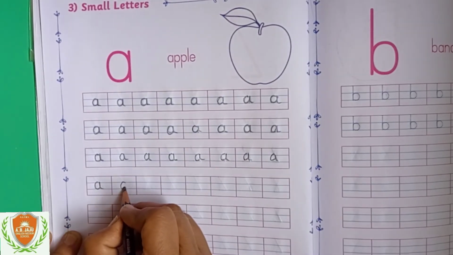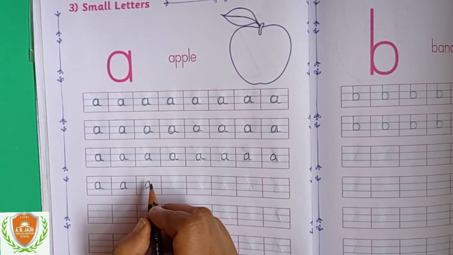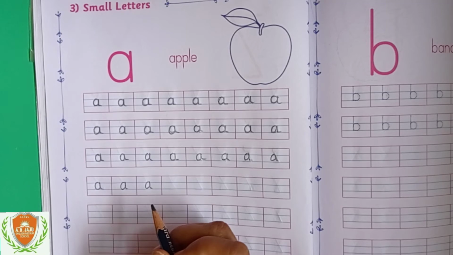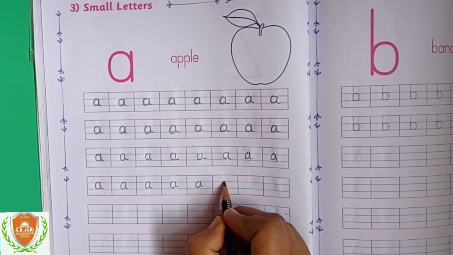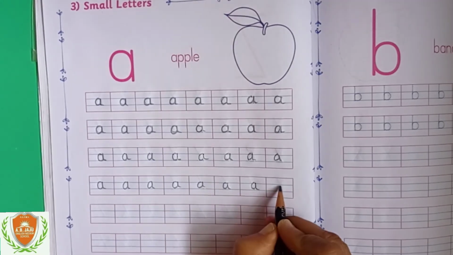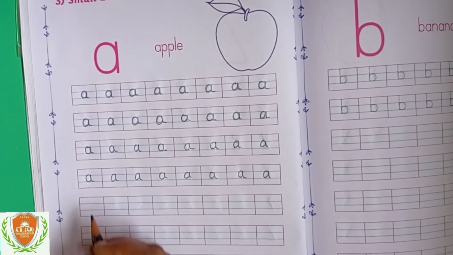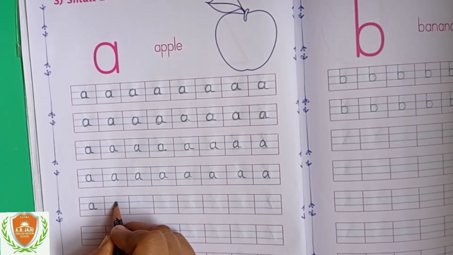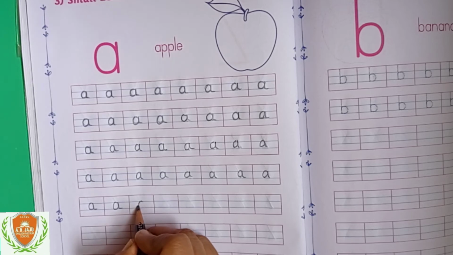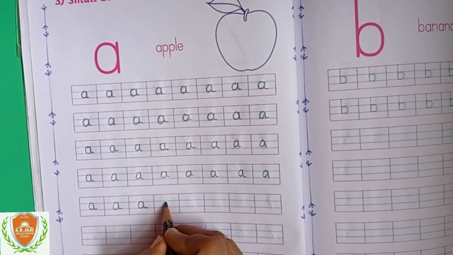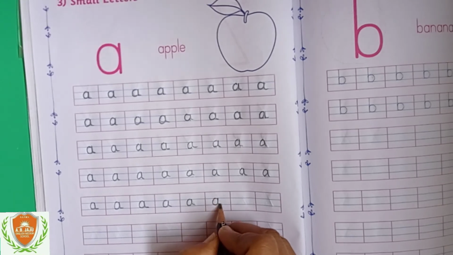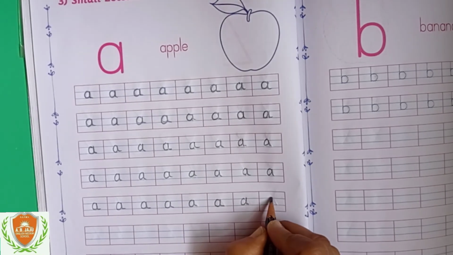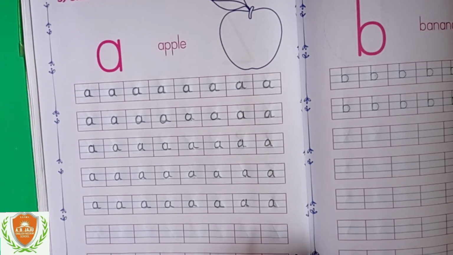You have to write in the blue line. These are 2 blue lines. In between the blue lines we have to write small a. First make a curve, then make a little line and a little tail. Take out the tail of small letter a.